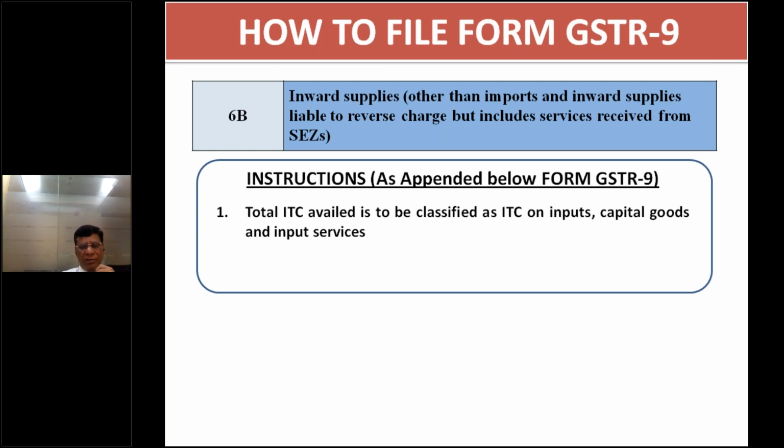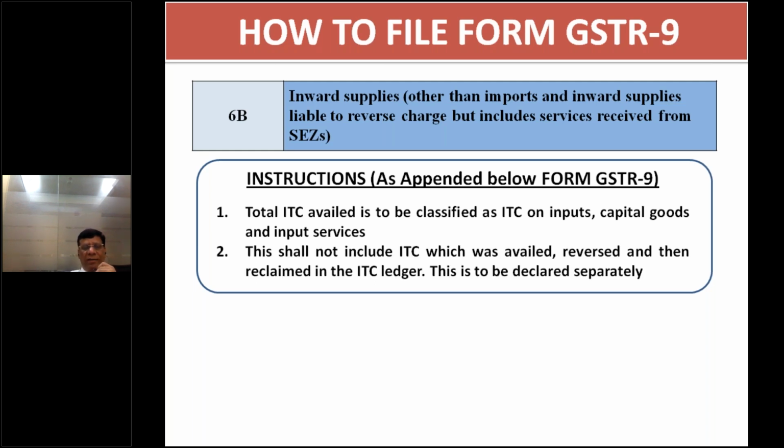One is inputs, another is capital goods, and the third is input services, which normally we do not declare in such a format in Form 3B. So we have to make a calculation of the total ITC claims into these three segments. Books of accounts would be consulted for this purpose.